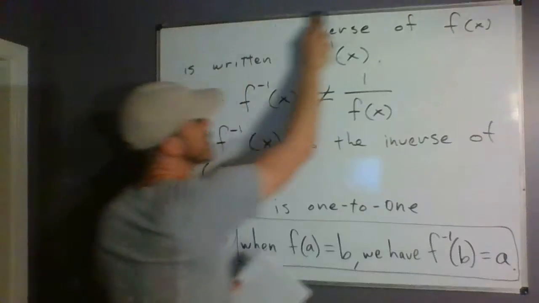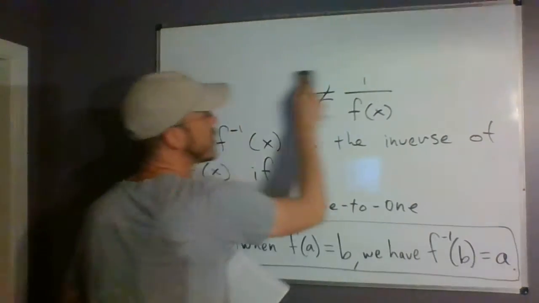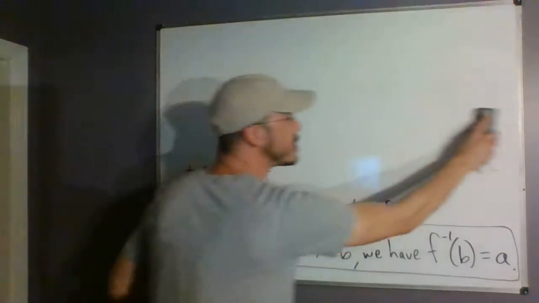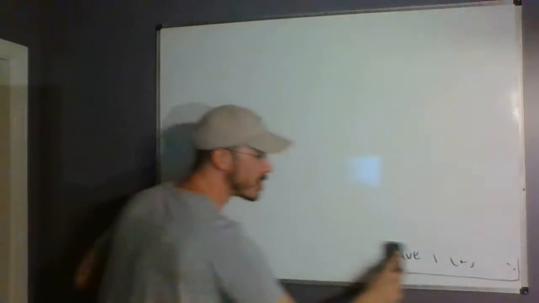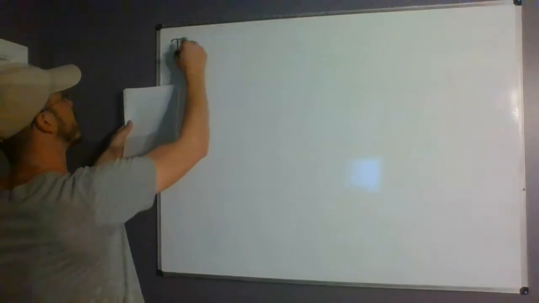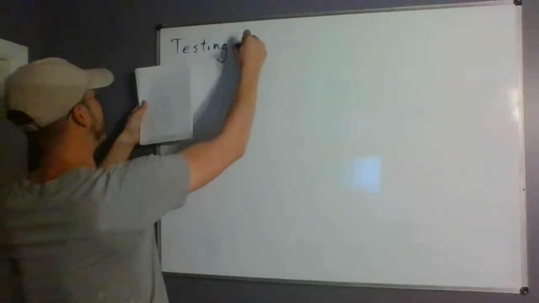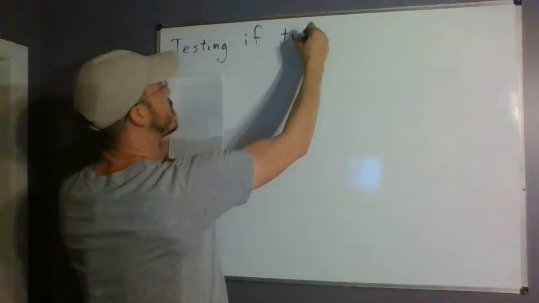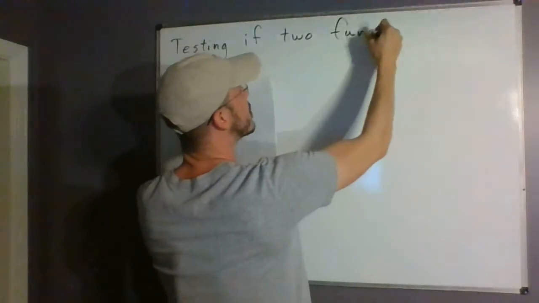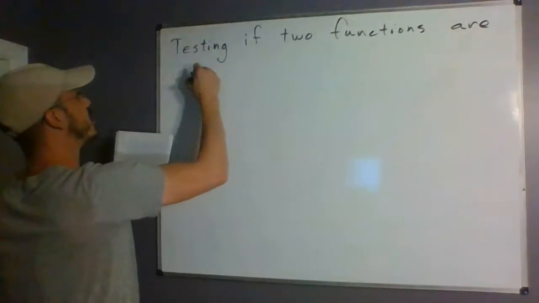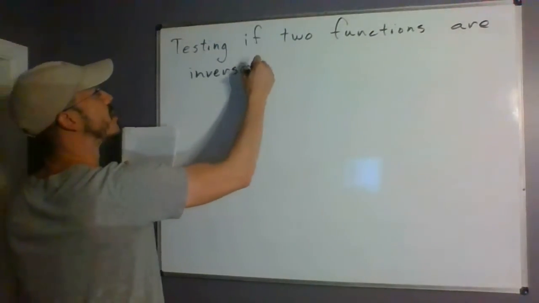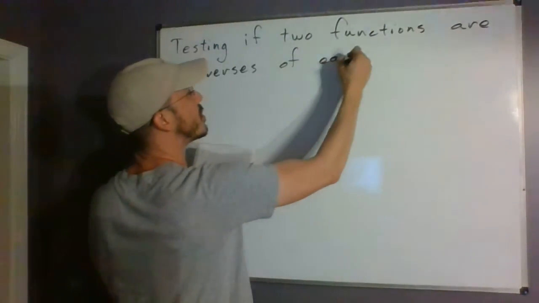I have a test here that you can use to decide if two functions are inverses, or if you're finding an inverse, you can use this to check yourself. Testing if two functions are inverses of each other.